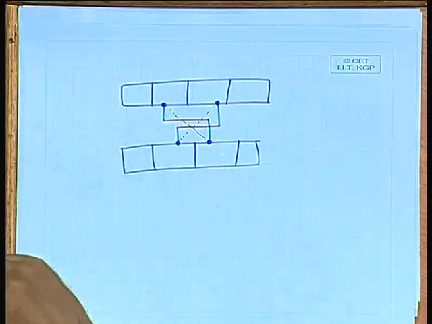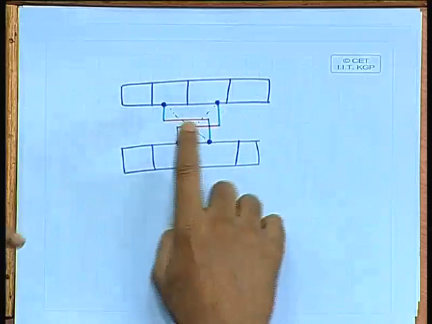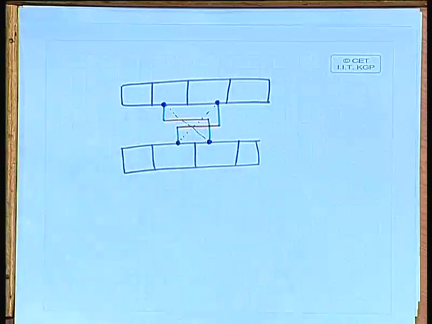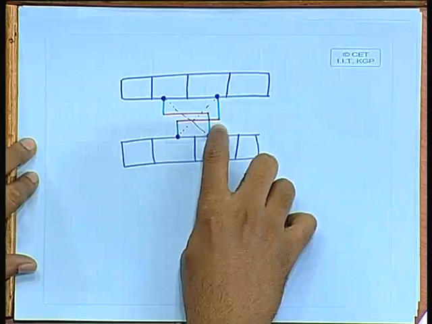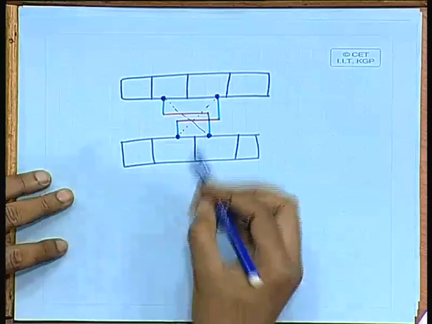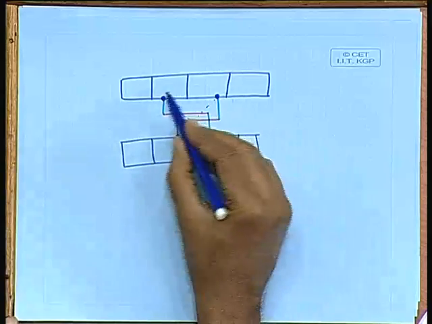Since the two nets are crossing and the span of the two nets overlap, you cannot do with one track. There is a section where both the nets are overlapping, you have to have two different tracks for them. But suppose I do something like this. In a standard cell design, although I place the blocks one after the other, I can slightly shift one block to the left or right.